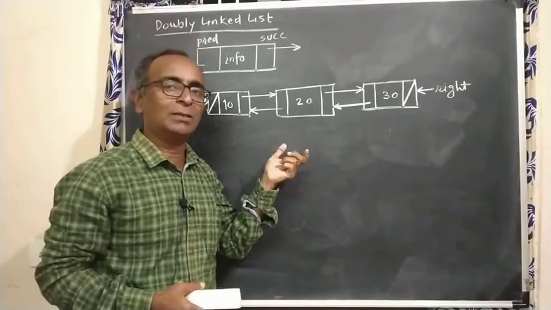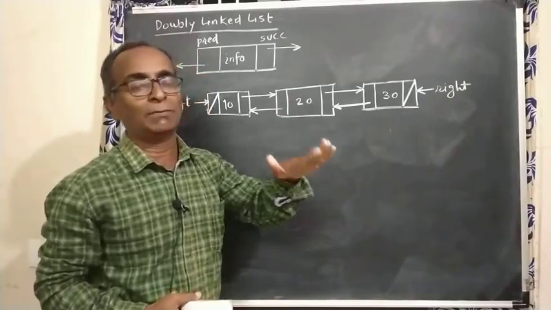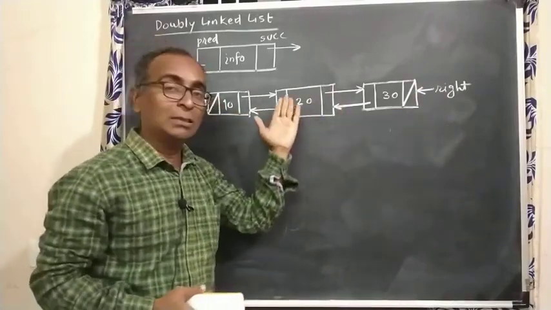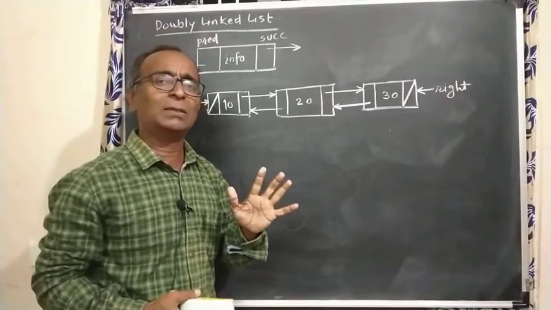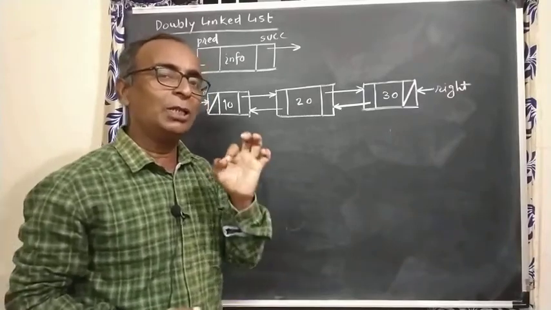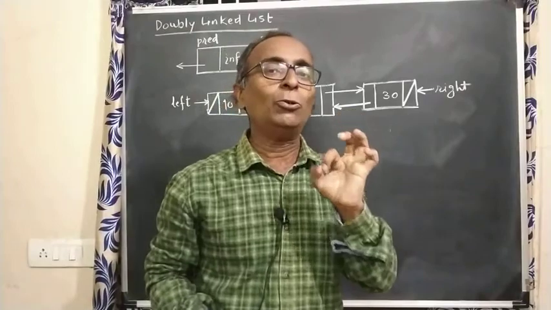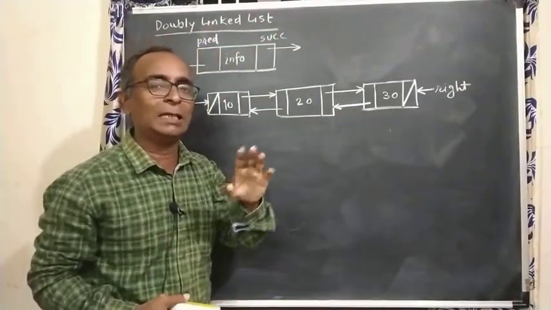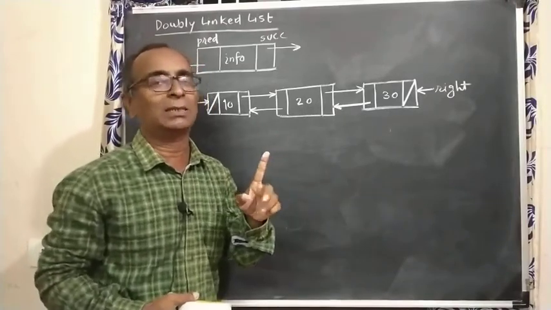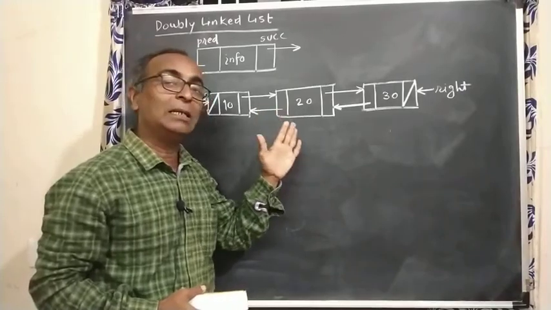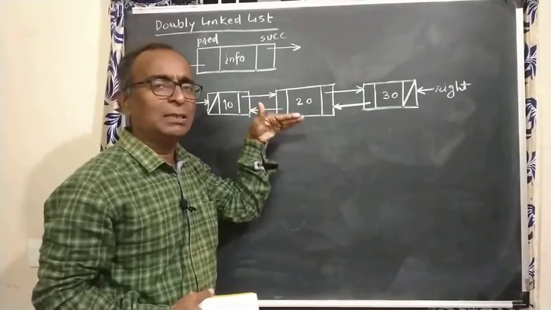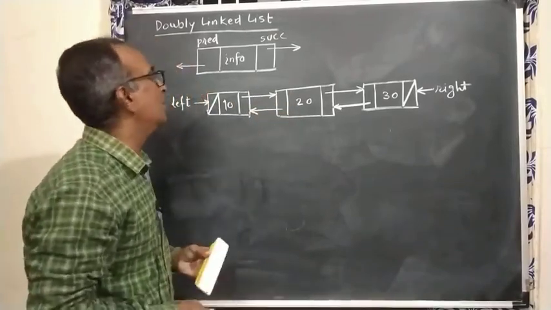But insertion before the given node, insertion after the given node, insertion at the leftmost node, insertion at the rightmost node, insertion somewhere in the middle, every operation will be big O of one only. And for deletion also, in a singly linked list you cannot delete the given node. Means if a node is given and you are told to delete it directly, you cannot; you have to get the predecessor node's address. But in a doubly linked list you can delete the given node also. So whenever there is a difference, I'll tell you how it differs.